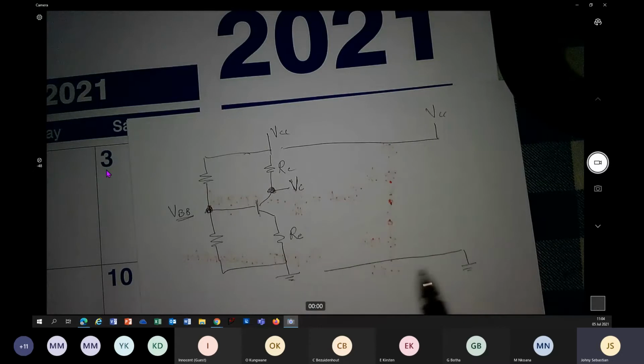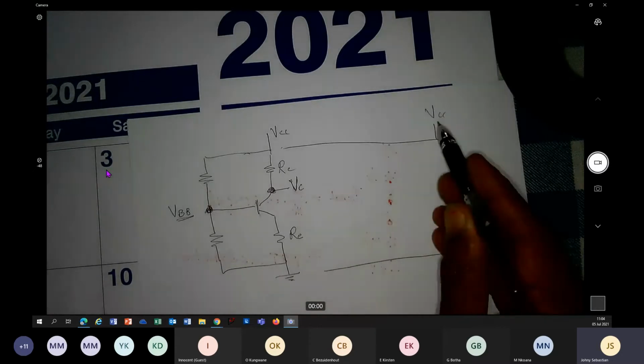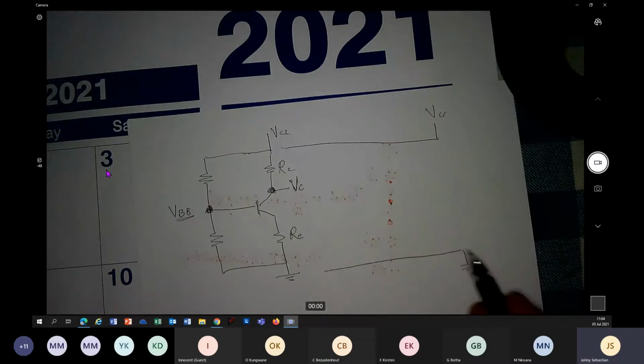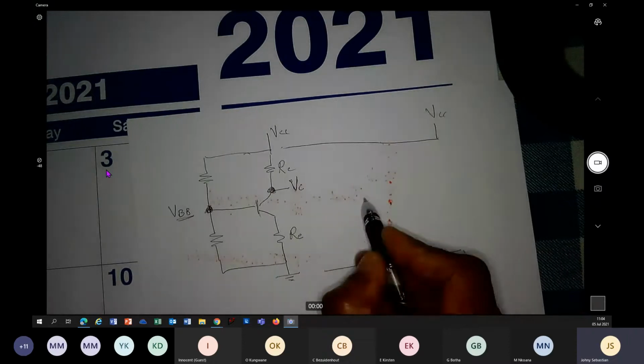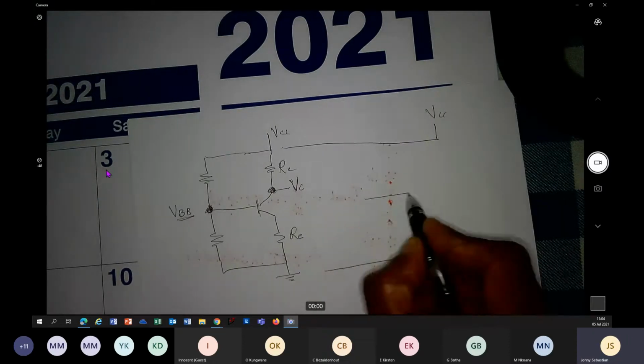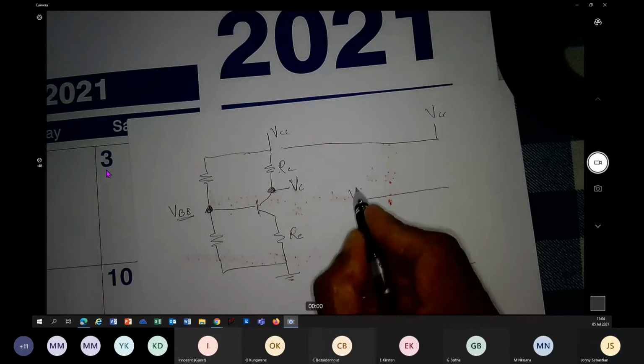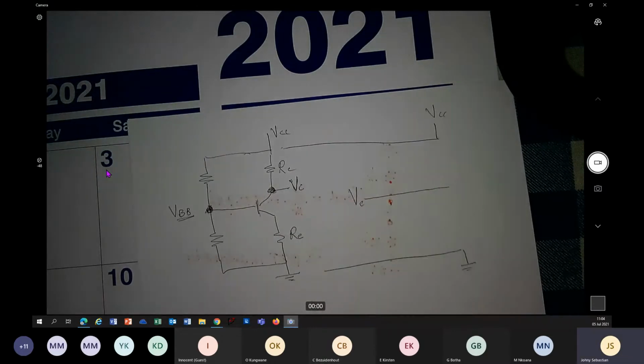If you want maximum signal swing between a positive supply and a ground, this voltage at the collector must be exactly in the middle. Assume this is a graph.